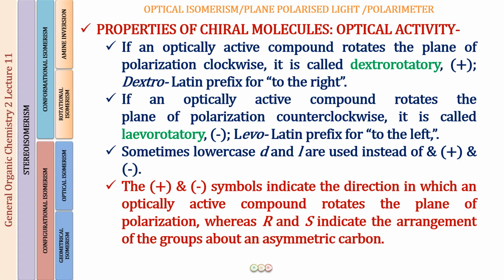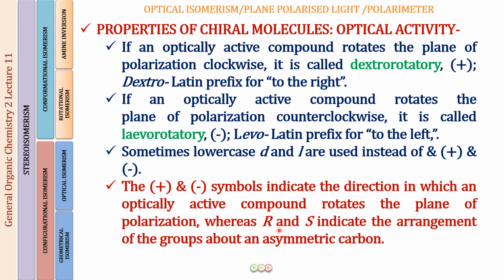Now, one very important thing that you should remember is that the plus and the minus symbols are used to indicate the direction in which the optically active compound rotates the plane of polarization, whereas R and S, where did you see this? While I was talking about the properties of the enantiomers, they were written R-2-butanol and S-2-butanol. I hope you all remember.